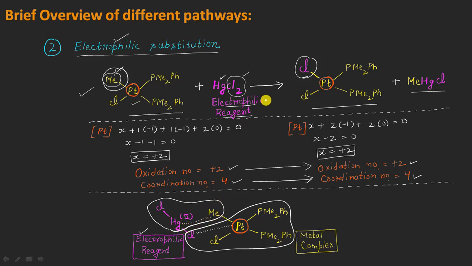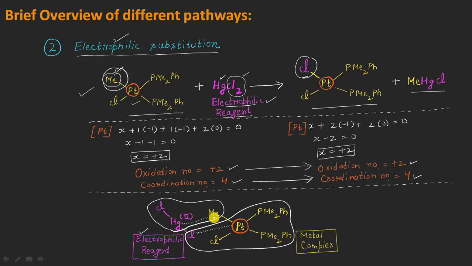So once again, because we are adding an electrophilic type of reagent here, and that is being added to the platinum and the carbon of this methyl bond, that is why we are calling it an electrophilic type of substitution, and it is the second pathway of substitution.